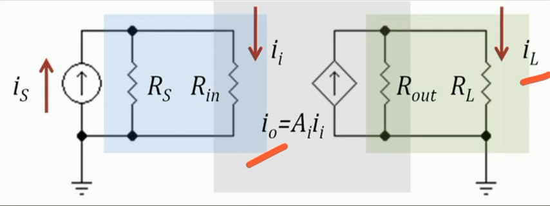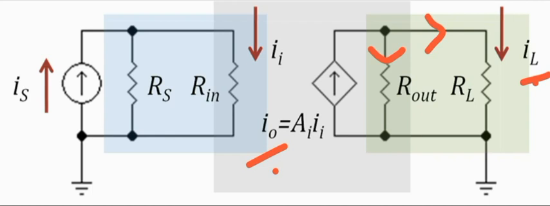But in a practical situation you will have a finite value of R out, so some current will flow through R out, very low, because R out will still be very high, so little current will flow through R out and the rest of the current will flow through the load. So IL is approximately equal to I naught.